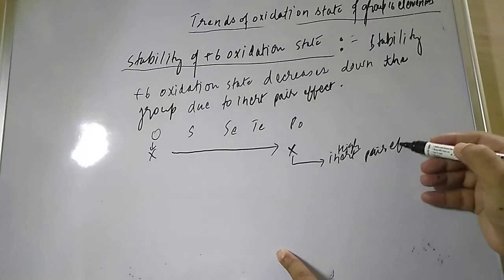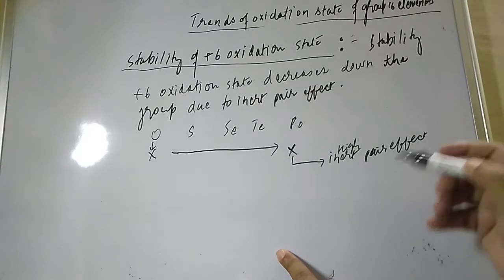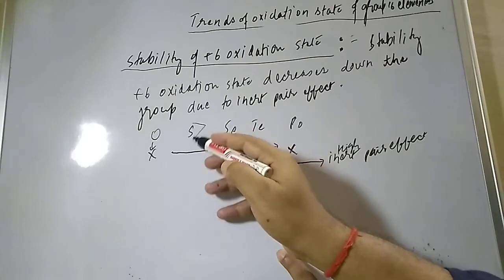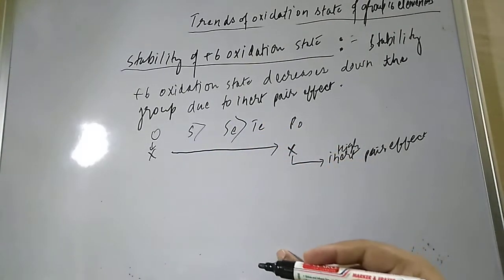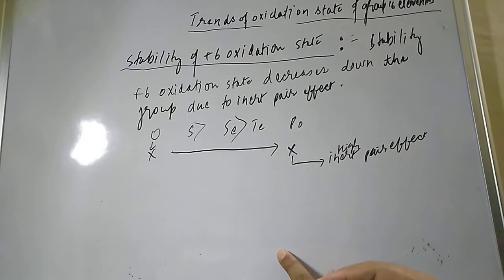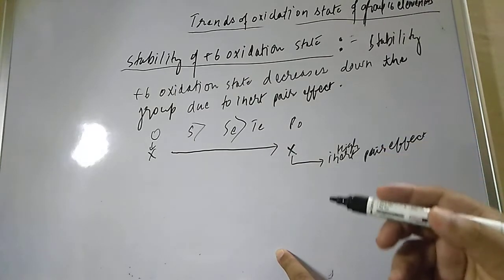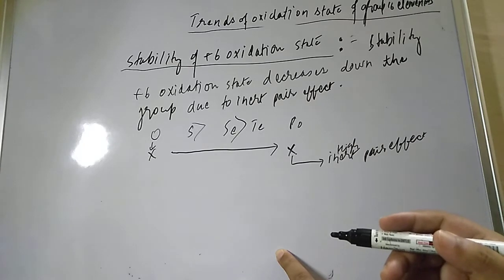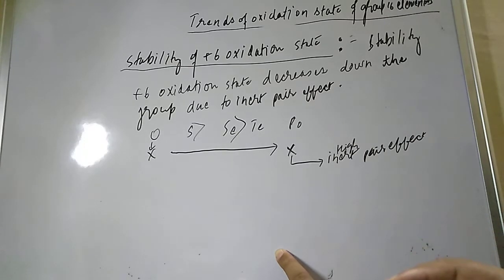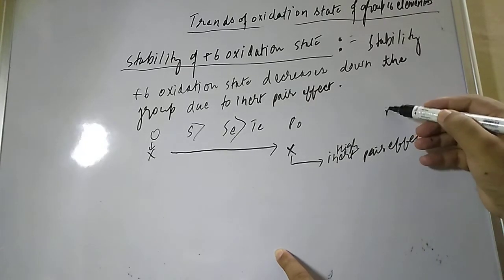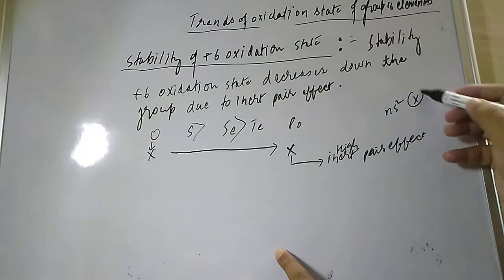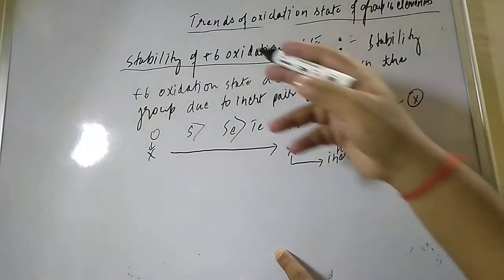Going down the group, inert pair effect is increasing. It means what will happen, friend? The stability of the plus 6 oxidation state will decrease, because the ns2 electrons do not take part. No ns2 electron participation means plus 4 is there.